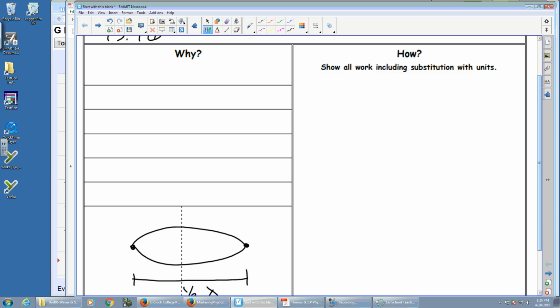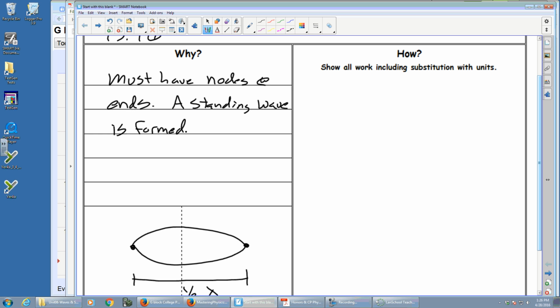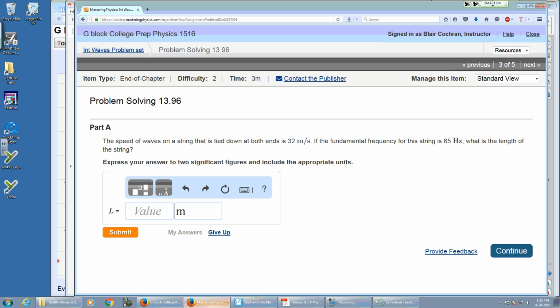So, I would put things in here like must have nodes at ends and a standing wave is formed. And now what they tell us is the fundamental frequency of this string is 65 hertz.